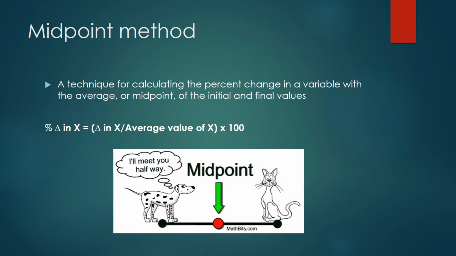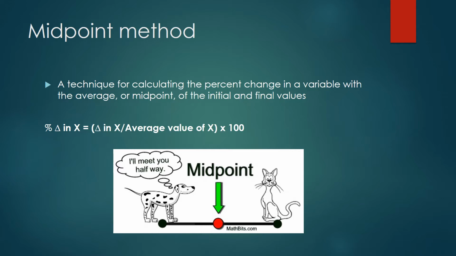And the main benefit is that this allows us, whether we're going forwards or backwards, to get the same answer. Because think about it, when we're talking about from 80 to 100, normally, if we're going from 100 to 80, then our equation would be 80 minus 100 divided by 100. If we're going the other way, we're starting at 80 and going to 100, then it would be 100 minus 80 divided by 80.